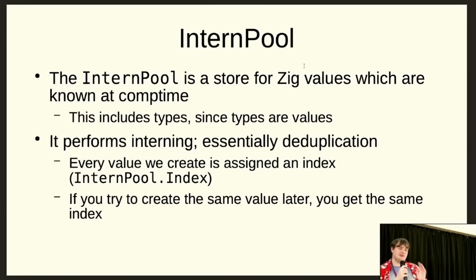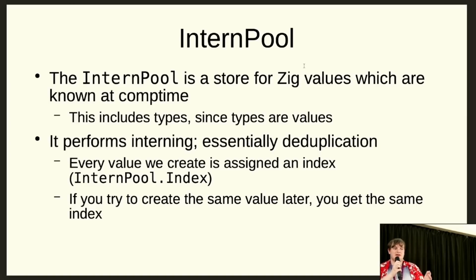This is where the intern pool comes in. The intern pool is a type in the Zig compiler, which is responsible for storing comptime known values, comptime meaning compile time in this context. That also includes types, because in Zig, types are values.